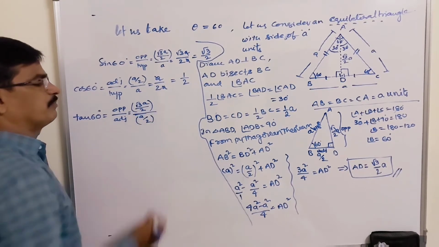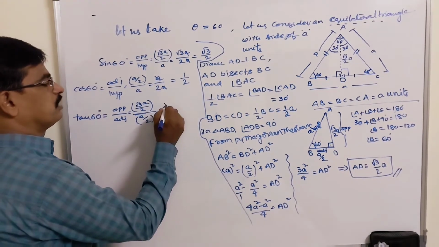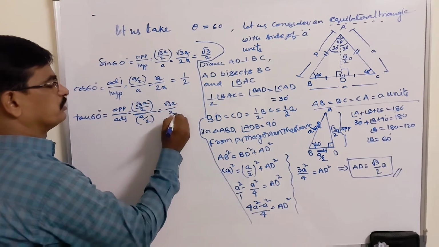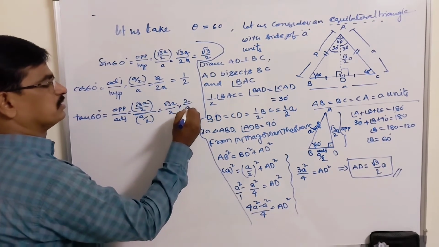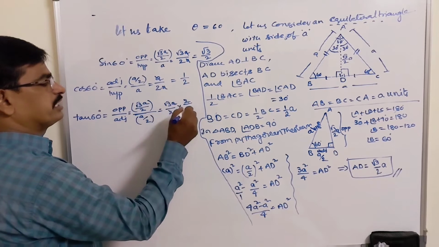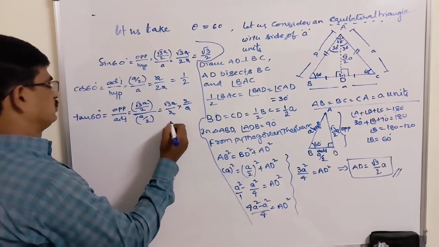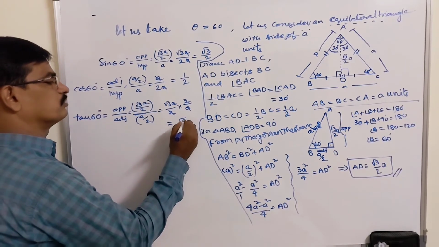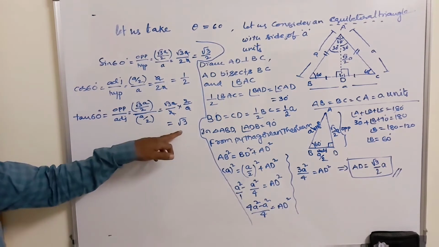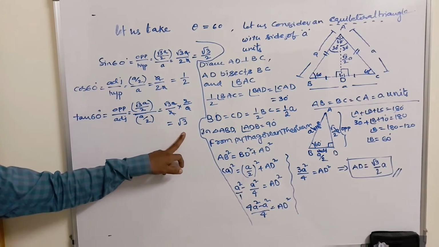So it is like a complex fraction, that is root 3 a by 2 into 2 by a. 2 cancels out, a cancels out. Then tan 60 is equal to root 3.